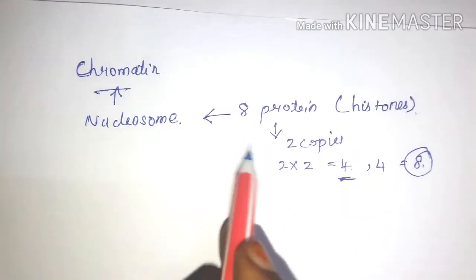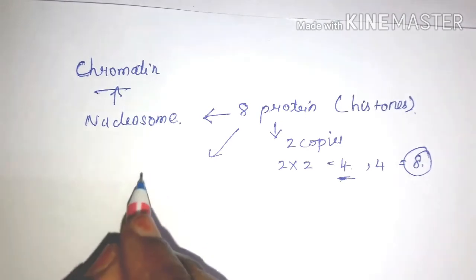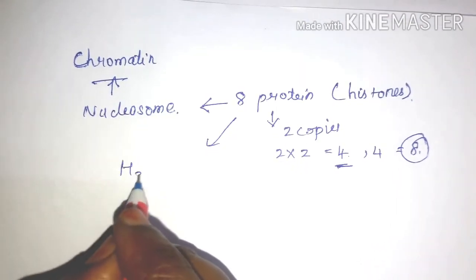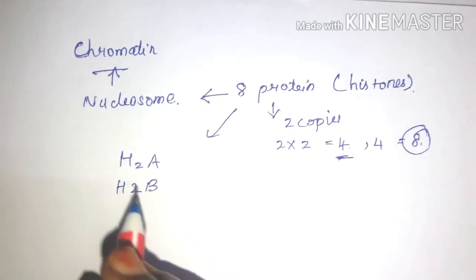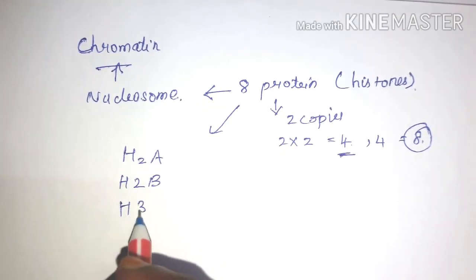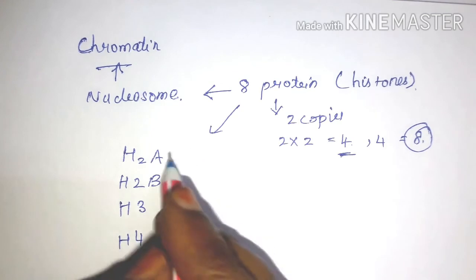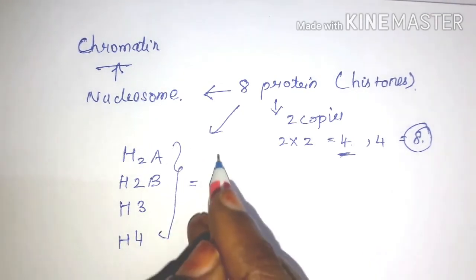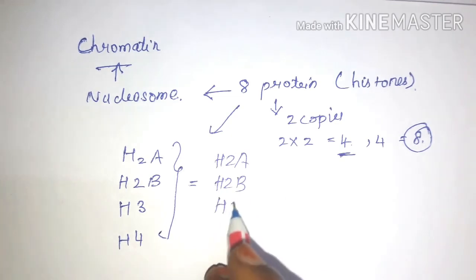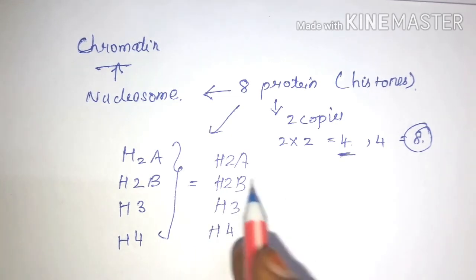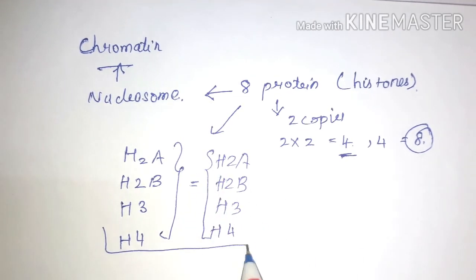So what are they? H2A, H2B, H3 and H4. These have one more copy each. So they are totally 8 proteins.